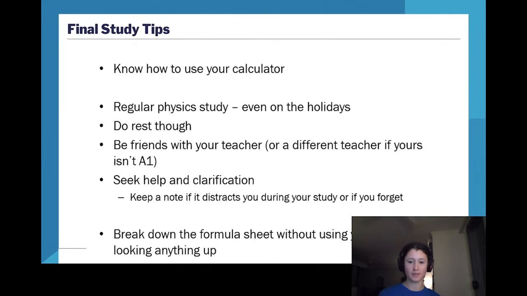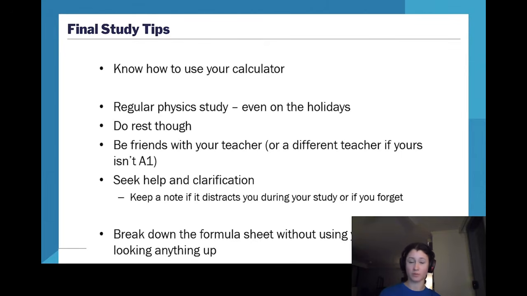All right, my next not tip. My next tip is to be friends with your teacher or a different teacher if yours is not as interested in teaching you, if they have other things to be doing.